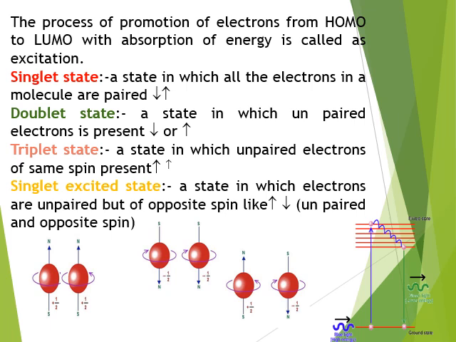So the excited state is either a singlet state or a triplet state. The singlet state has higher energy while the triplet state has lower energy. A singlet excited state is one in which the electrons are unpaired with opposite spin.